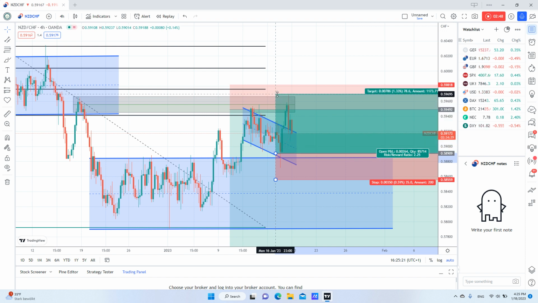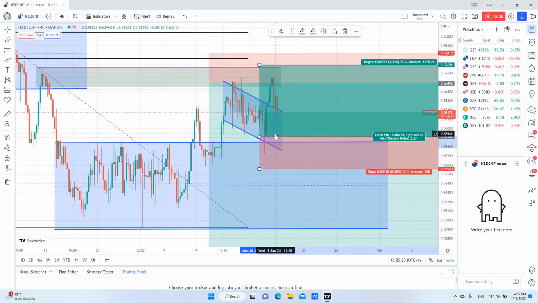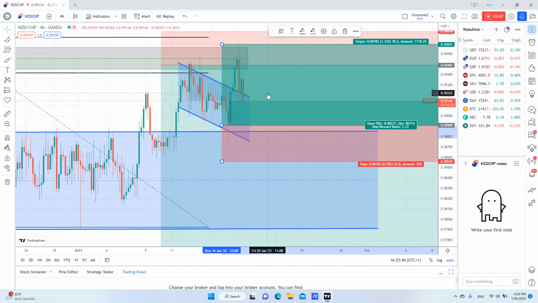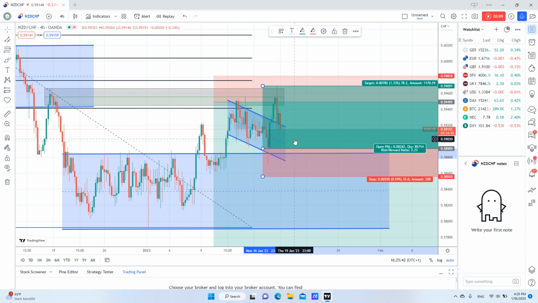I think I exited early, I don't know actually, because now you can see it may still go up. Here it is the impulse, and you may see this as correction and it may still go up.